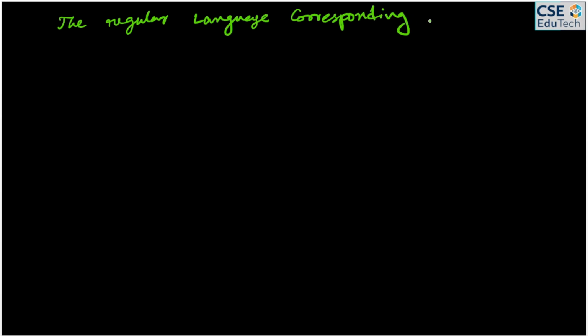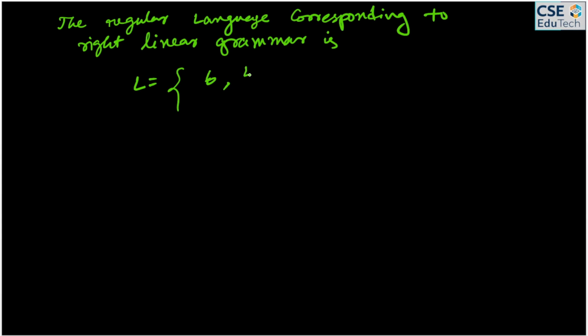So the regular language corresponding to this right linear grammar will be B, then BA, BB, BAA, BAB, and so on.